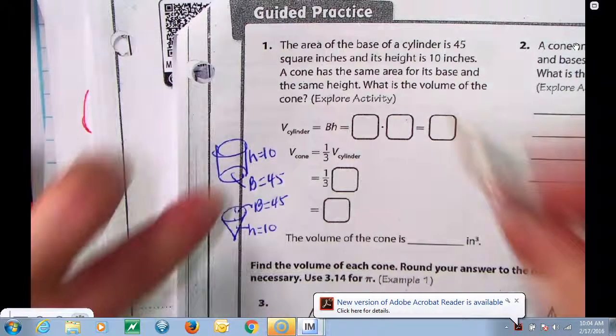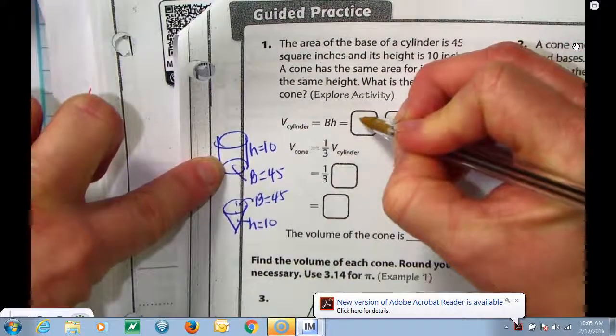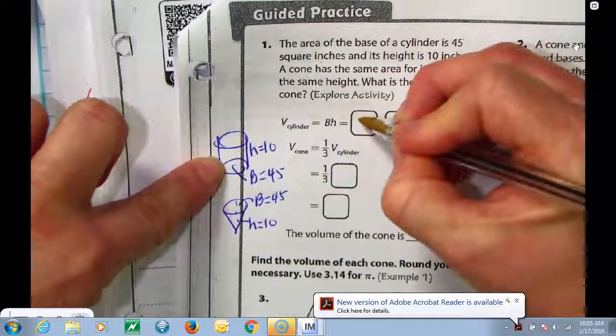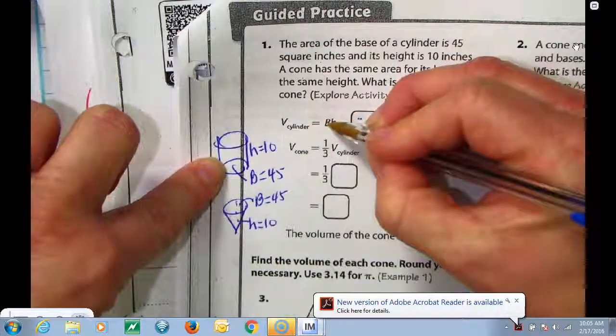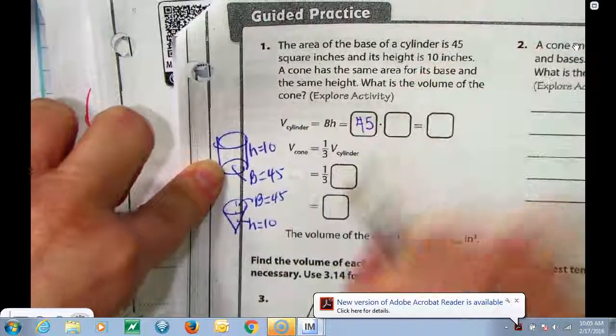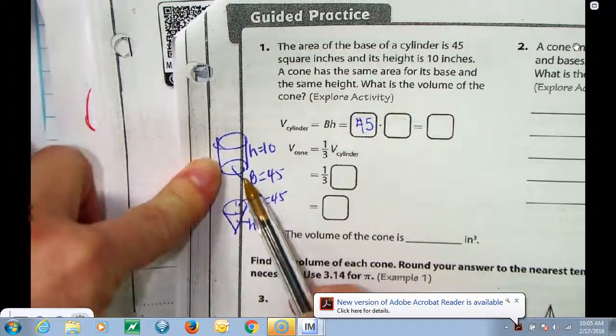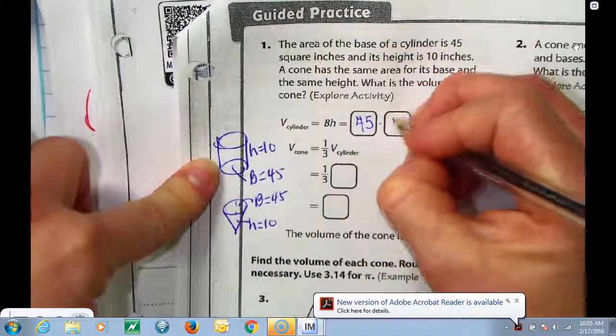Well, how do I get the volume of the cylinder? Guys, he already gave us the area of the base. Look, the area of the base is 45. What's the height? 10.